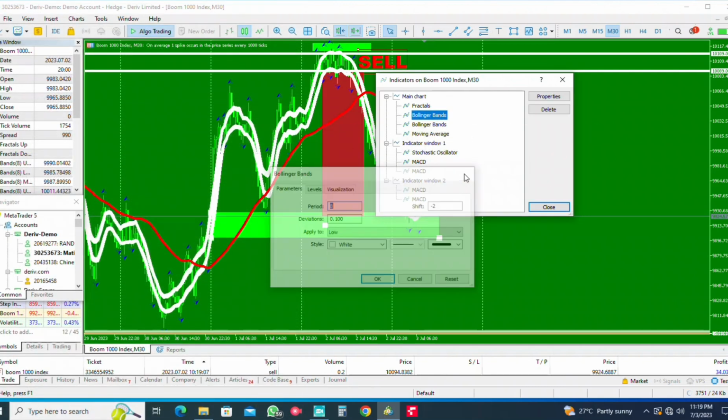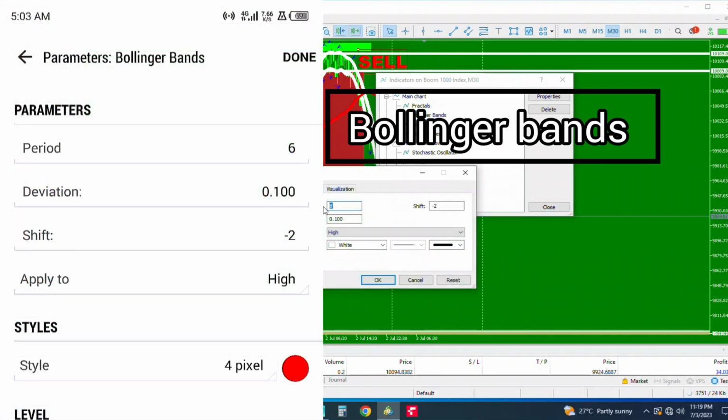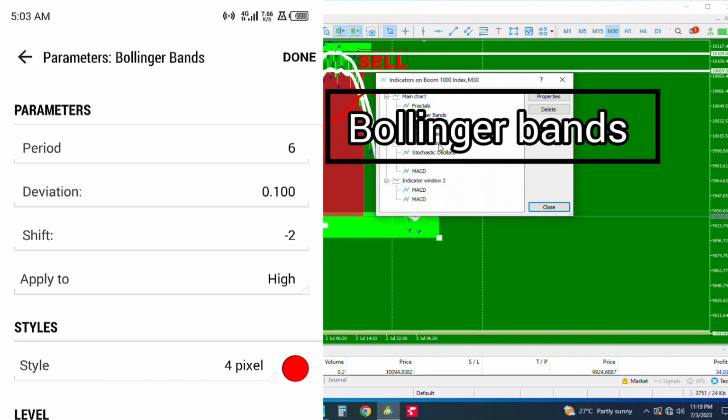Then the higher Bollinger Band: period is 8, deviation is 0.100, apply to is high, style is white. You can pick any size you want. Remember, shift is also -2. That's for the upper Bollinger Band. The only difference is that for the lower Bollinger Band you make it low, and for the higher Bollinger Band you make it high. That's the difference.